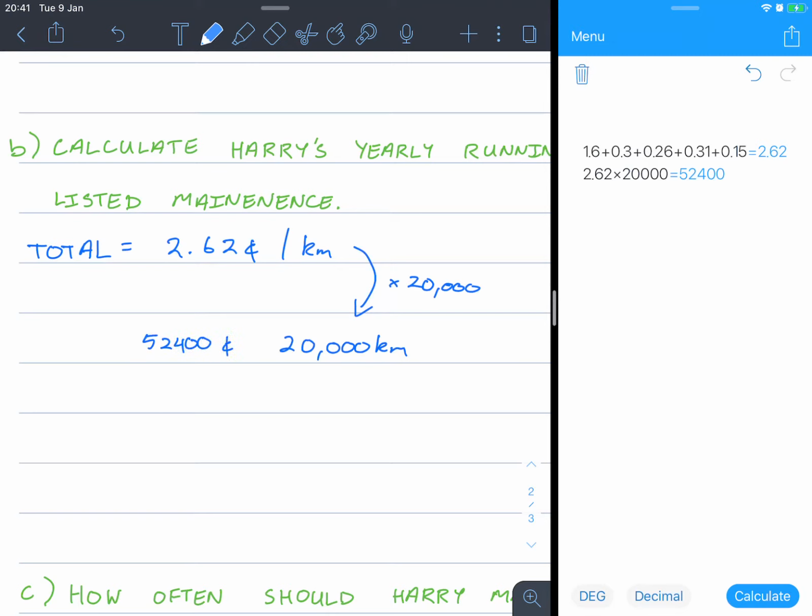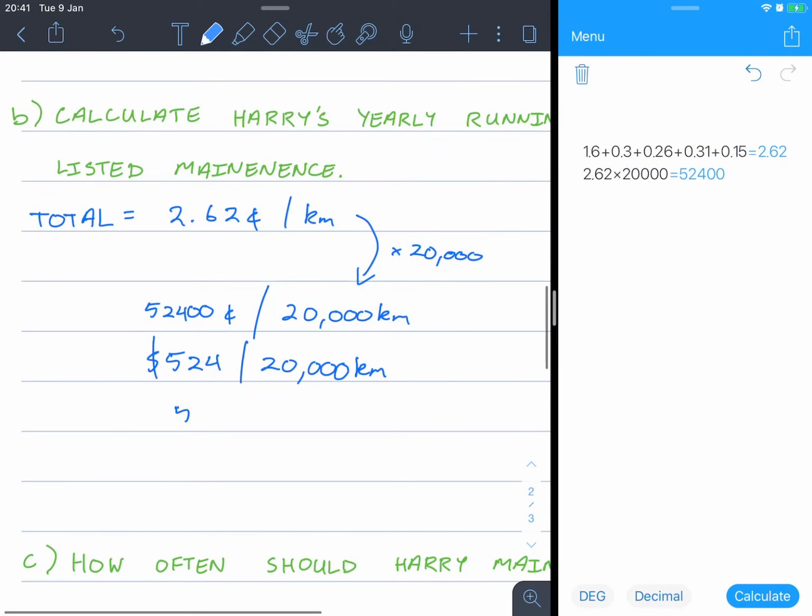And this is still in cents because we started in cents. And this is going to be $524 per 20,000 kilometers. Or we can think of this as $524 per year.